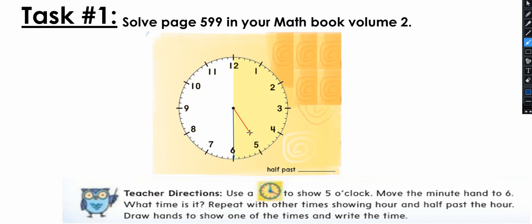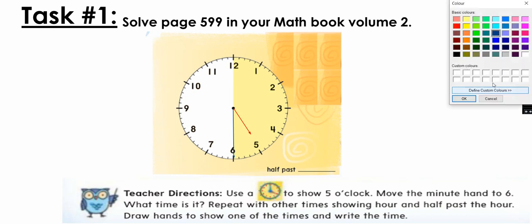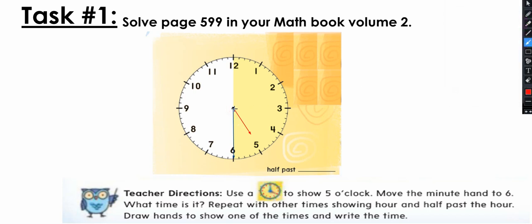And when we do that, the hour hand should also move and go in the middle between 5 and 6. So now this clock is showing 5:30 or half past 5.